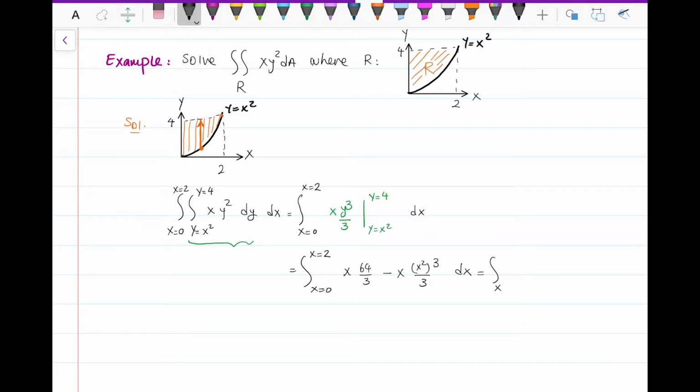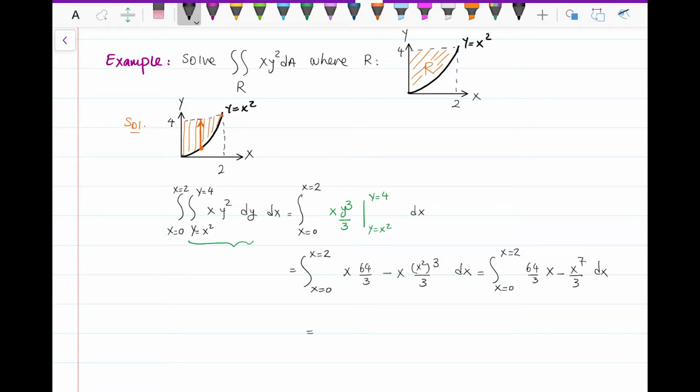This is the integral from x equals 0 to x equals 2. Let's simplify that. It is 64 over 3 times x minus, so this is x squared to the power of 3, so it would be x to the power of 6 times another x, it would be x to the power of 7 over 3 dx.